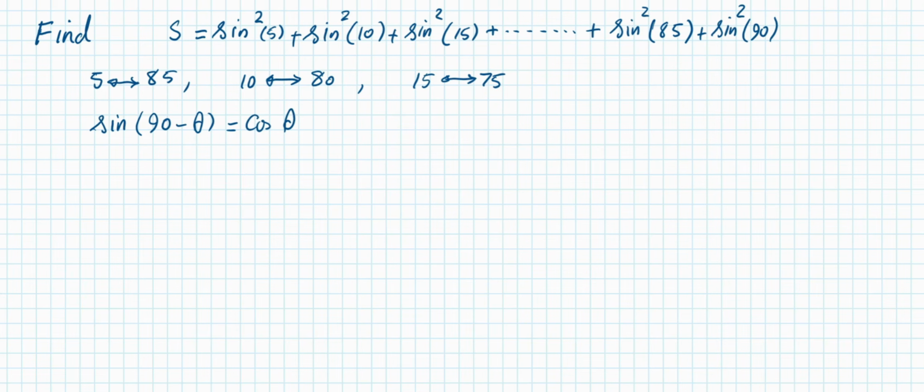So that's one relationship that helps us to simplify the above relationship, and the other one is the sine square of theta plus cosine square of theta is 1.